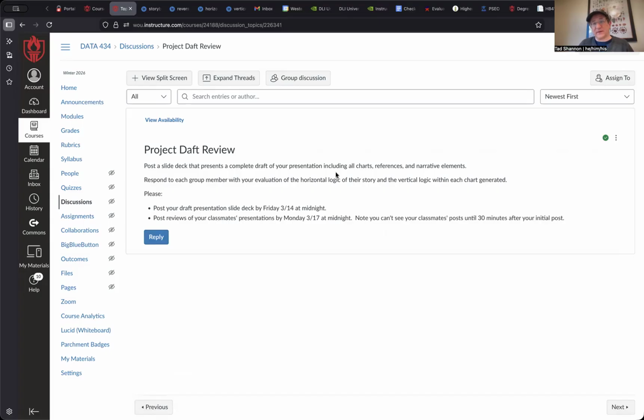It's best to give positive reinforcement about things that work, things that you like, things that are attractive, things that make sense. But you also then want to ask questions about things you don't understand or that you feel don't make sense given the stated objectives of the big idea and the 3-minute story. So that's the next 2 weeks of the class.